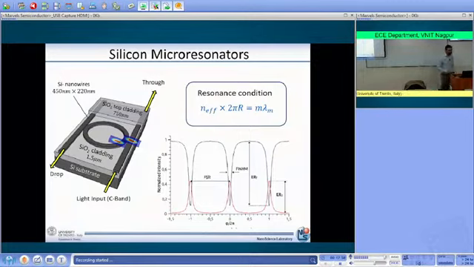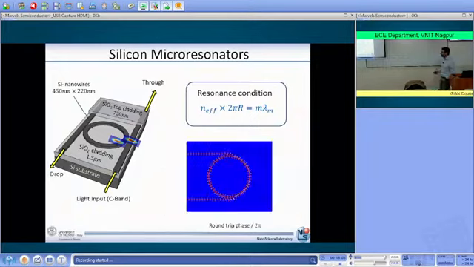So now if we change the wavelength of the light, we have wavelengths at which this resonance condition is satisfied, and therefore the light is trapped inside the microring resonator, or we may have wavelengths at which this resonance condition is not satisfied.